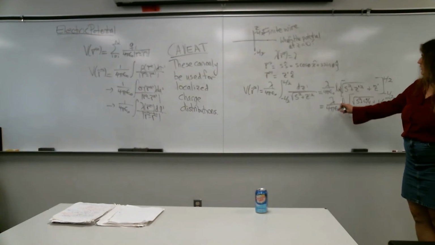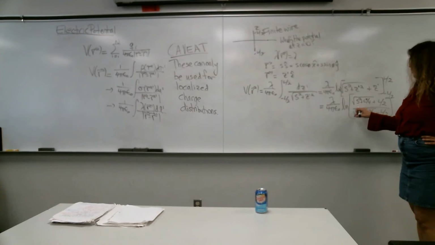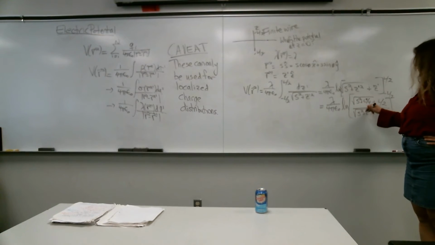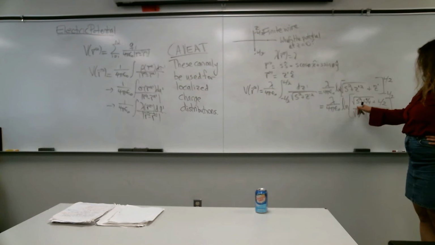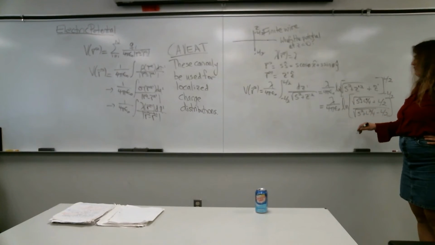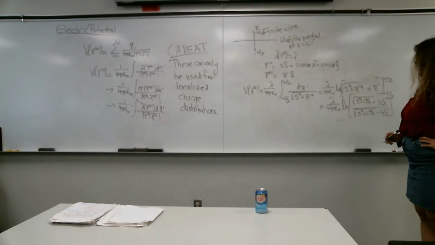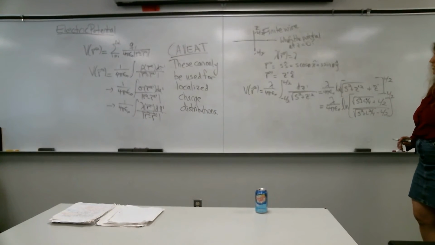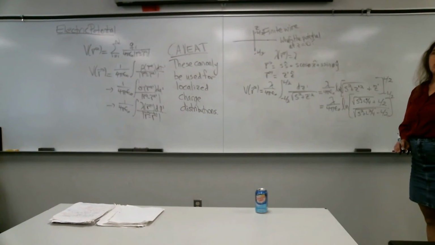And our answer is lambda over 4 pi epsilon naught, natural log of the square root of s squared plus L squared over 4 plus L over 2, all over the square root of s squared plus L squared over 4 minus L over 2. And that is your answer for a finite wire.